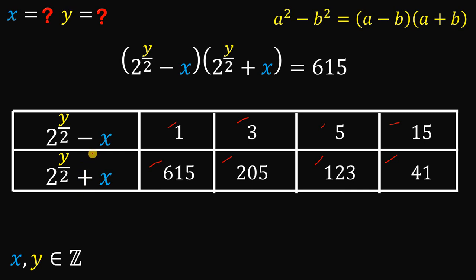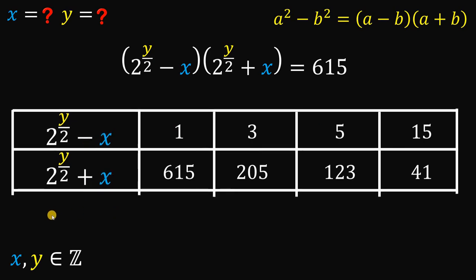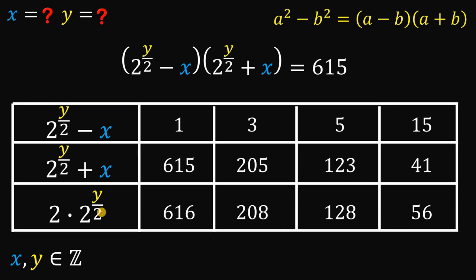Why do we do that? Because when we add these two equations, negative x and positive x cancel out. So this will give us 2 times 2 raised to y over 2 must be equal to 1 plus 615, which is 616. 3 plus 205 is 208. 5 plus 123 is 128. 15 plus 41 will give us 56.